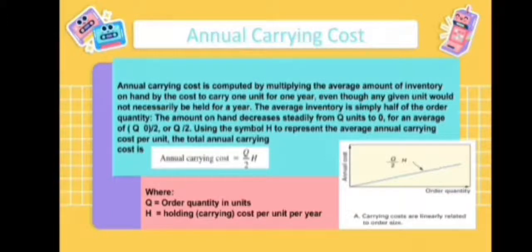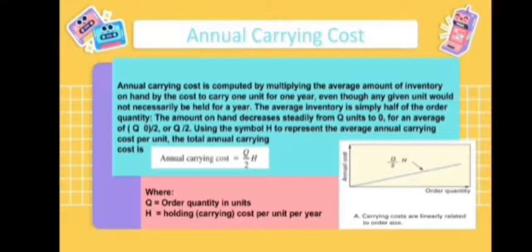First, let's discuss the annual carrying cost. Annual carrying cost is computed by multiplying the average amount of inventory on hand by the cost to carry one unit for 1 year, even though any given unit would not necessarily be held for a year. The average inventory is simply half of the order quantity. The amount on hand decreases steadily from Q units to 0, for an average of Q over 2.